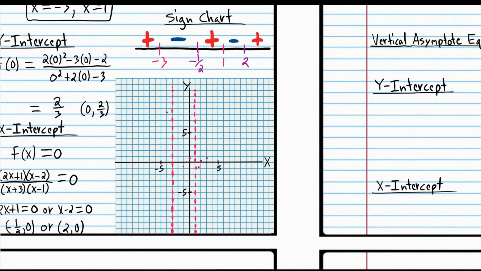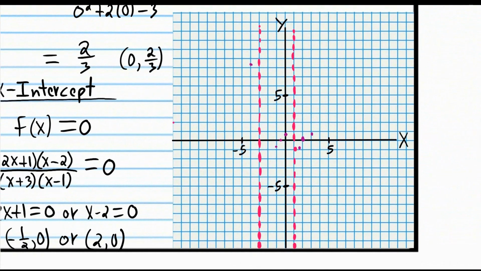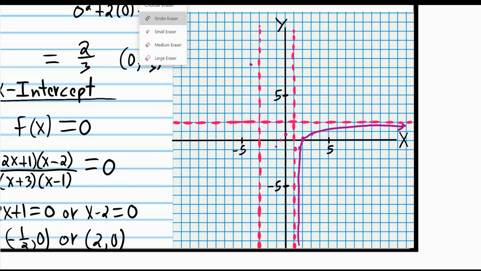And we also need to draw our horizontal asymptote at y equals 2. That'll help us. We can see that the graph looks like it's approaching that asymptote there, but we're not allowed to go quite that far to the right though.